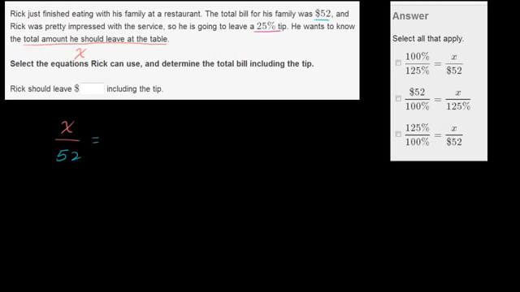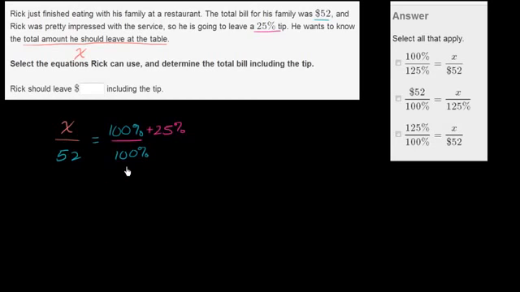So you could view the actual amount of the bill as being 100%. But he doesn't want to just pay 100%. He wants to pay 100% plus a 25% tip.